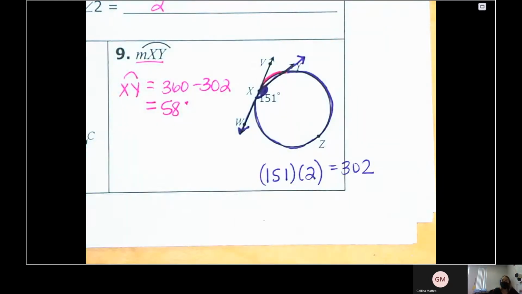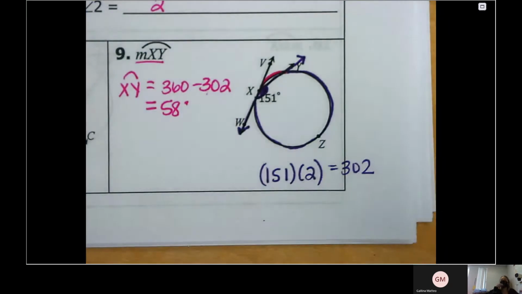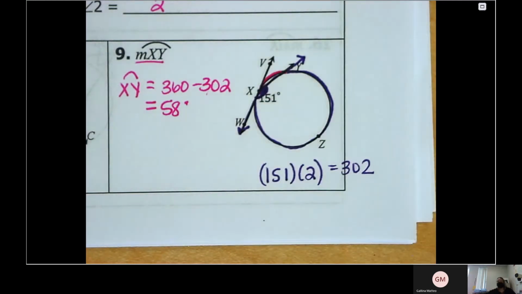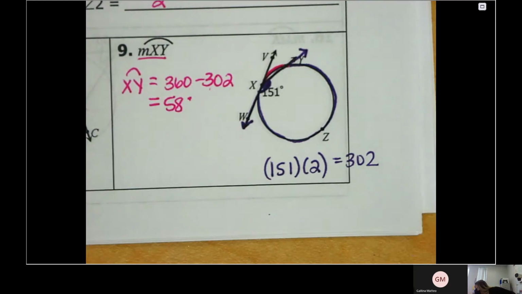Isaiah, what was the way you were saying to do it? 180 minus 151. And then get the angle from the other side, multiply the angle by 2. You get the exact same thing, right? So Isaiah is saying, hey, this is a straight line of 180. I can subtract 151 from 180.